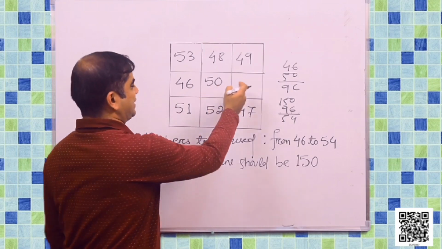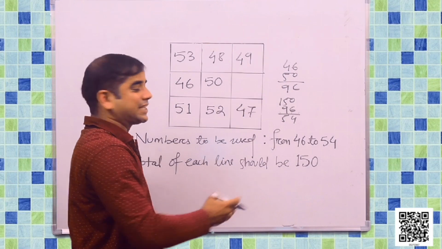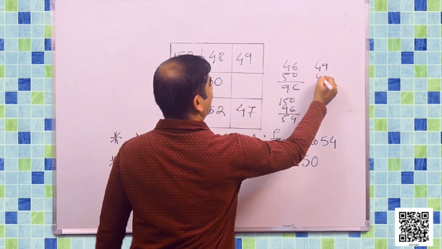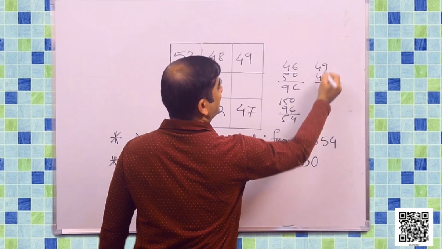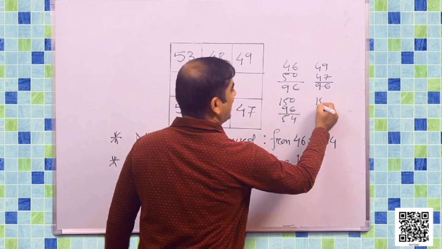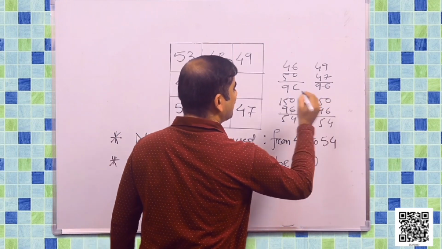I am not going to fill this in over here yet. Let me check first whether going through the other process gives me 54 or not. So 49 plus 47 gives us 96. 150 minus 96 gives me 54.